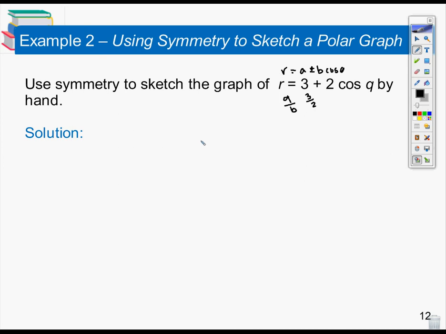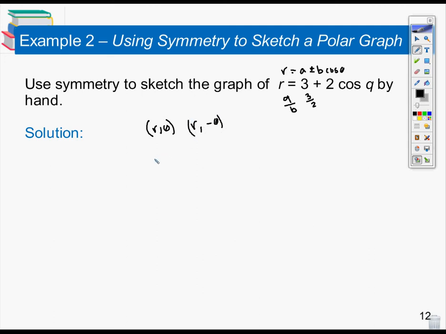Because I know it's a limaçon, that type has symmetry over what we call the x-axis, but we're going to call it the polar axis in this case. And how we check for symmetry over the polar axis is we take r comma theta, and we're going to replace it with r comma negative theta and see what we get.